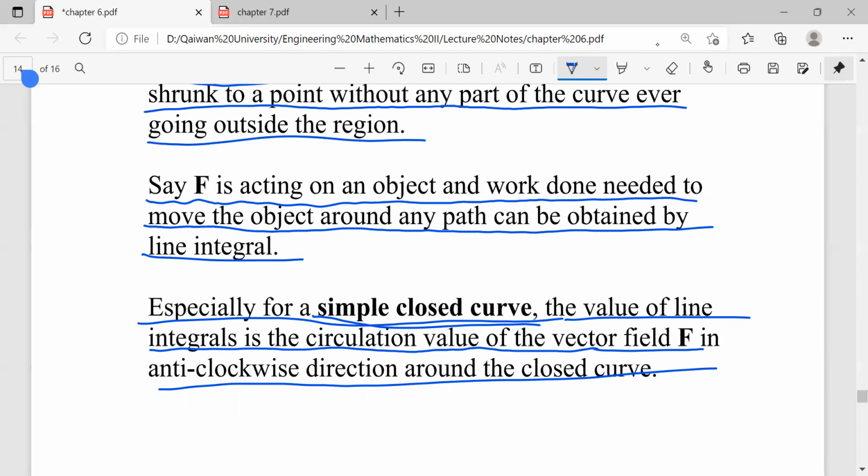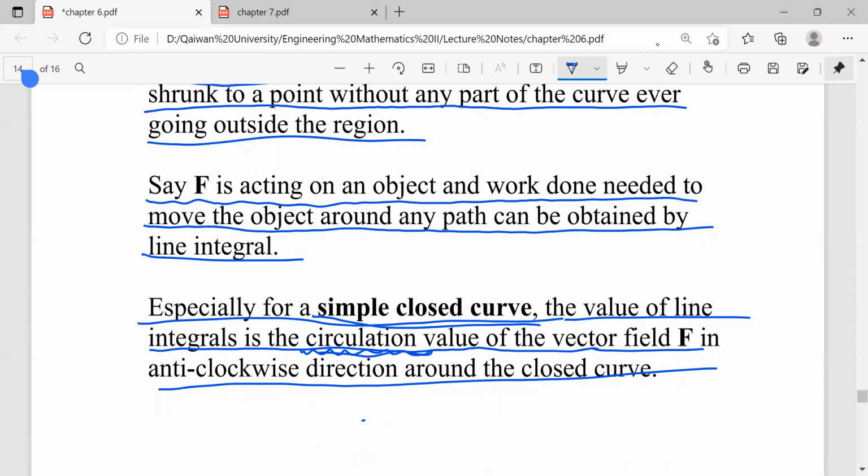So here the orientation is anti-clockwise, and the line integral for a simple closed curve is the circulation value, which is del cross F.